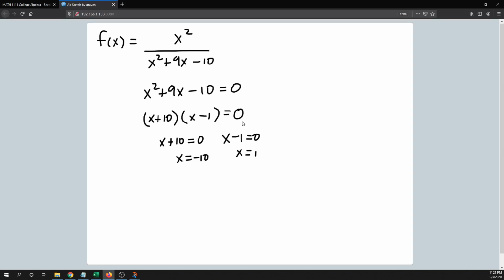All right, so the domain would be all real numbers except negative 10 and 1.